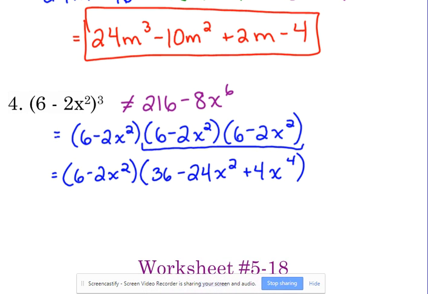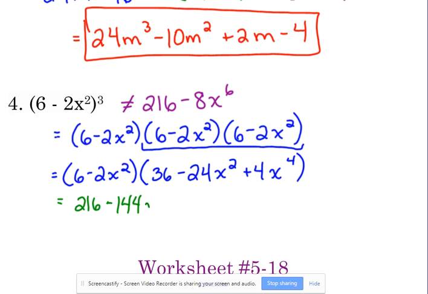Now this is just like example number 2. We need to distribute the 6 to everything. 6 times 36 is 216. 6 times 24, somebody help me out with that one. 144.